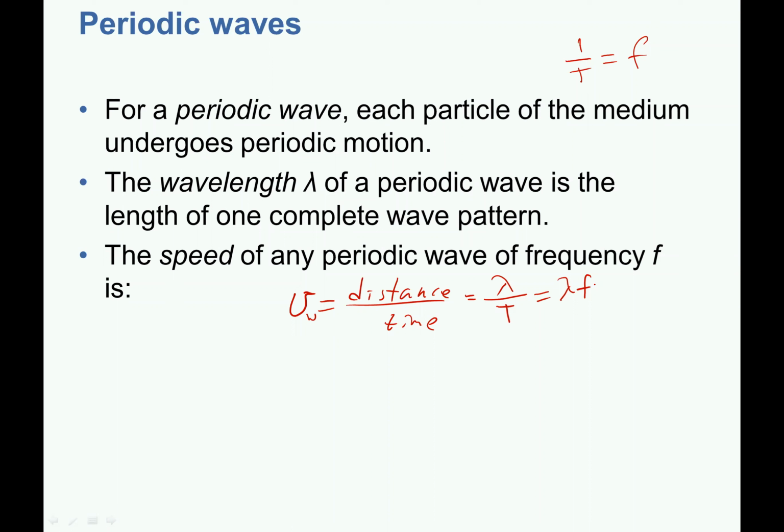But there's one more equation that I can use. So we said that the wave number is 2 pi over lambda. If I rearrange this, then lambda is equal to 2 pi over the wave number. In the same way, omega was 2 pi over the period.